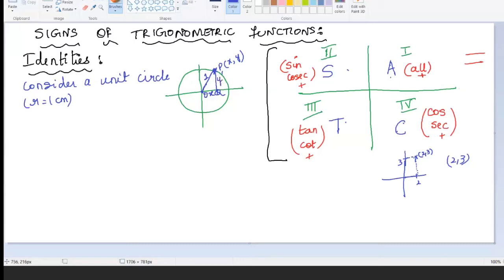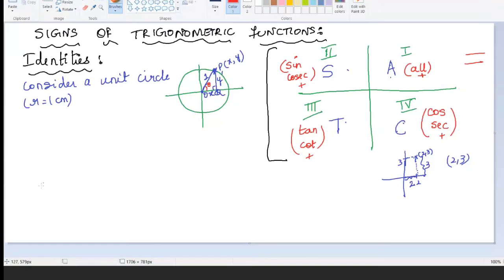This part is X, because if this point is 2, 3, here we check, this is 2 and this part is 3. That is how we are writing X and Y. Now this is a right angled triangle, and take this angle as theta.